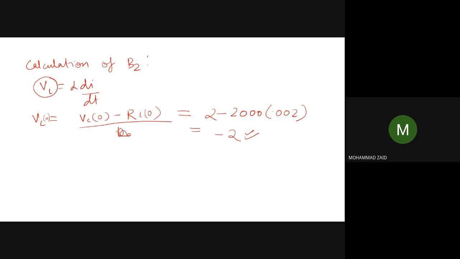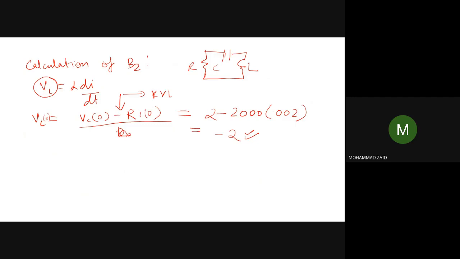So that means VL is now known at t equal to 0. This is by writing KVL in the circuit that was drawn earlier. This is R, this is C and this is L. So we have written KVL for this circuit only.